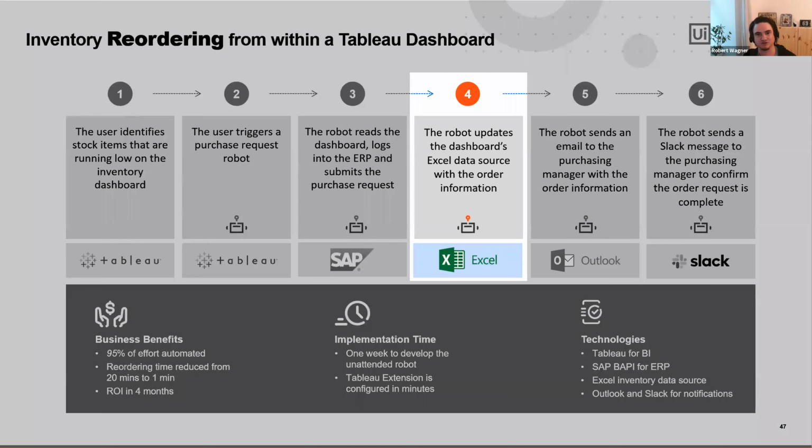As already mentioned, this could also be SQL or Oracle, whatever your Tableau dashboard is connected to. And then we need to inform myself if the purchase order was successful or not, sending over the order ID, but also informing stakeholders, like I do with the Slack notification, so everybody knows that some ordering took place.